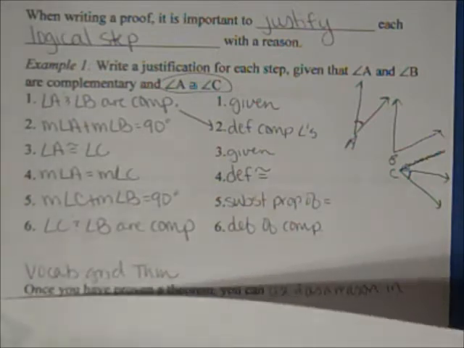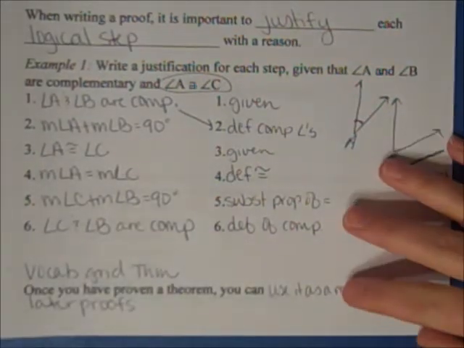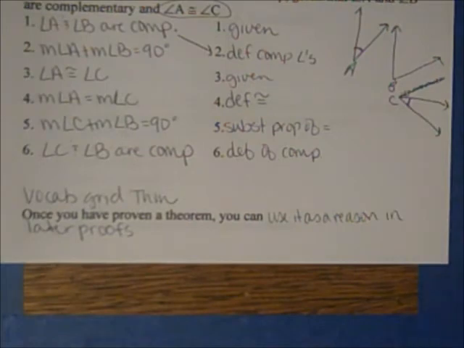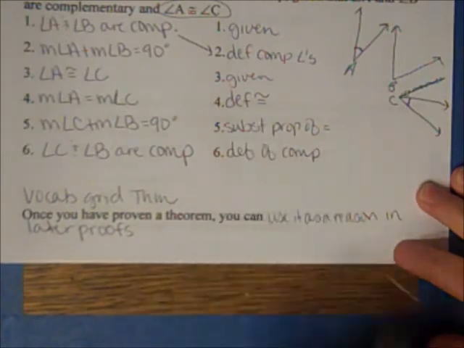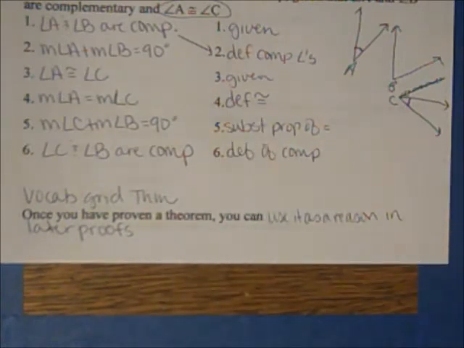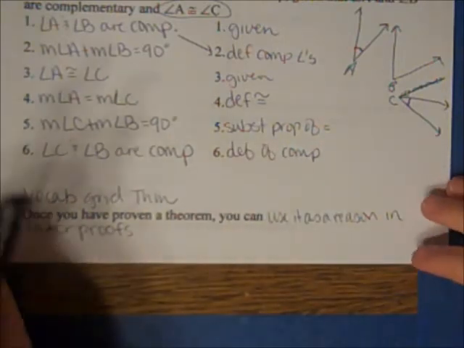You can actually show the reasons why it would be true. Once you have proven a theorem, you can use it as a reason in later proofs. So this will come in handy, because we'll prove theorems are true, and then later on they'll show up on the right side of our chart as reasons in later proofs.